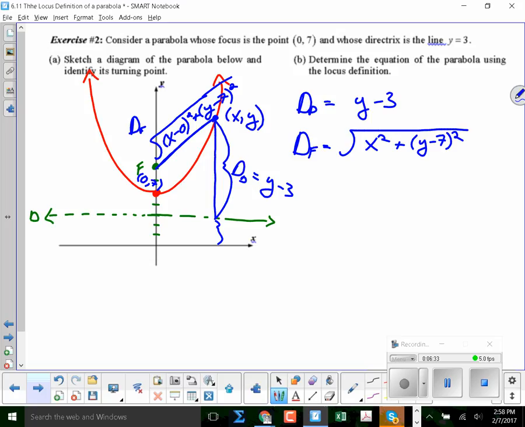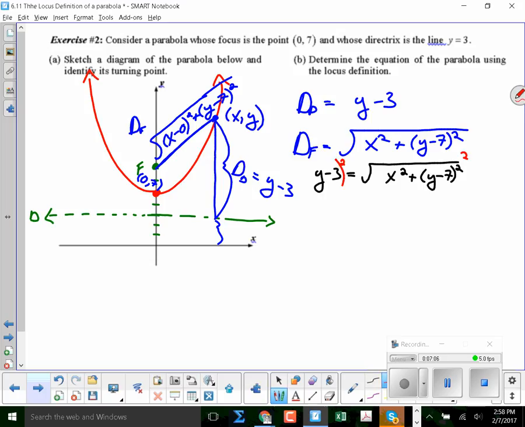So we know that y minus 3, which is the distance to the directrix, is the same as the square root of x squared plus y minus 7 squared. Are you starting to see how it's going to take shape into an equation and it's going to be quadratic? So you have a square root, you have to take care of that first. Grouping symbols come first. So I need to square both sides.